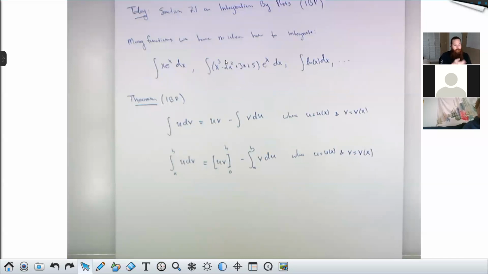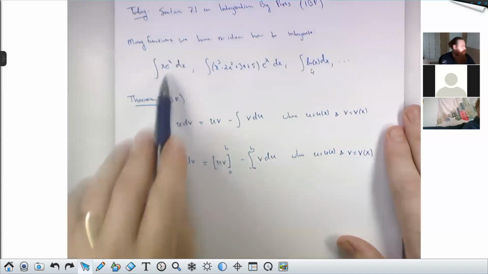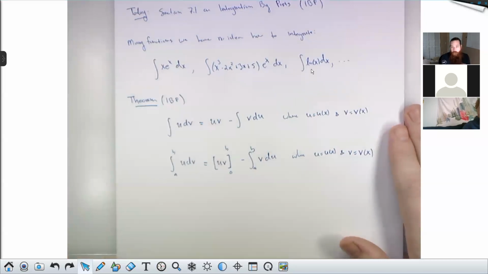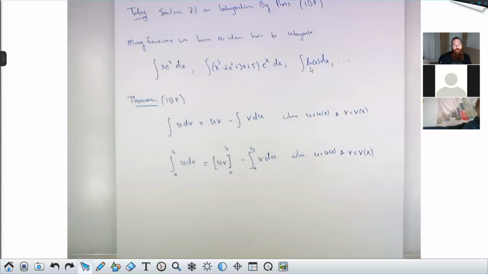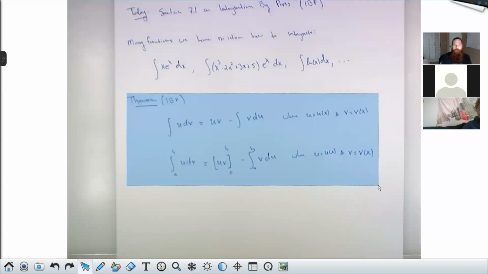So I think the best way to get a feel for this is really just practice. Let's start attacking some of these problems we haven't been able to do previously. The first one that I'd like to do is x times e to the x. This is an integral that we certainly should be able to do. E to the x is one of our fundamental transcendental functions, and multiplying by x shouldn't make things too much harder. But basically, you should think of this as a backwards product rule, right?